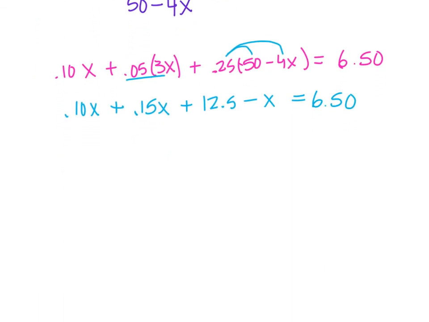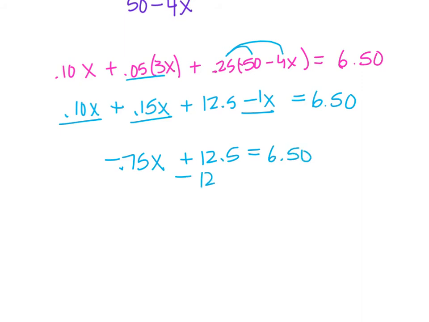Alright, combine your like terms. We have 0.10x, 0.15x, and minus 1x. If you combine all those x's, you get a negative 0.75x. Carry down the plus 12.5 equals 6.50. Alright, solve for x. Subtract that 12.5 out of there.